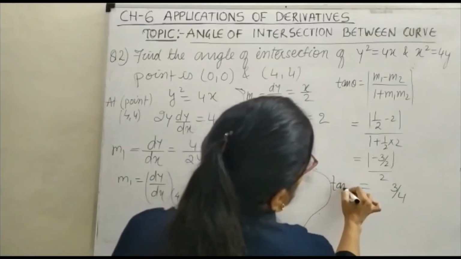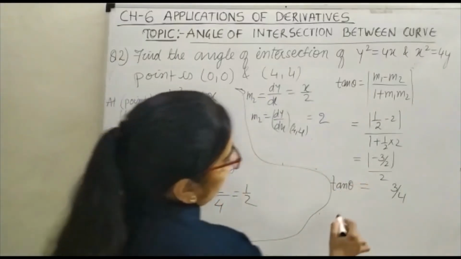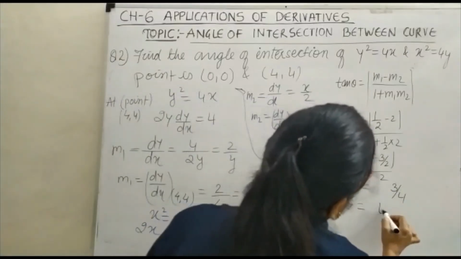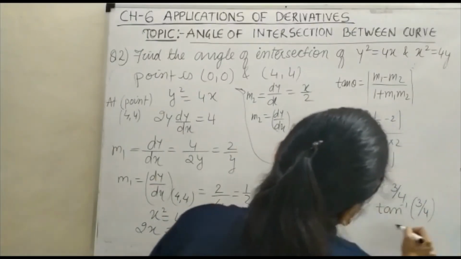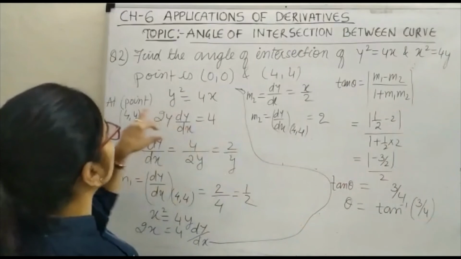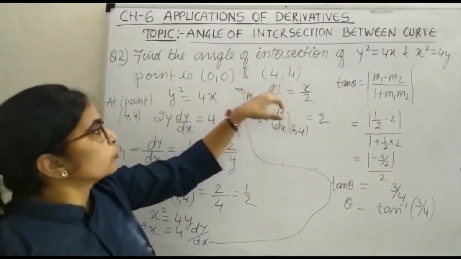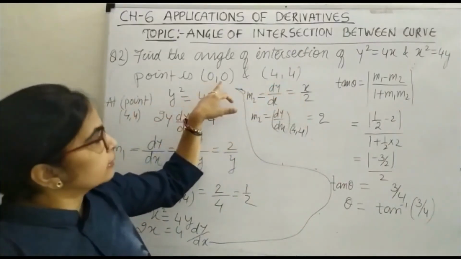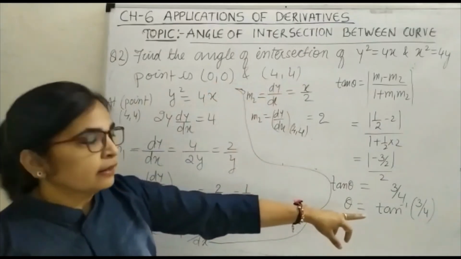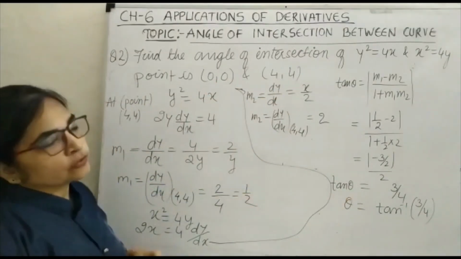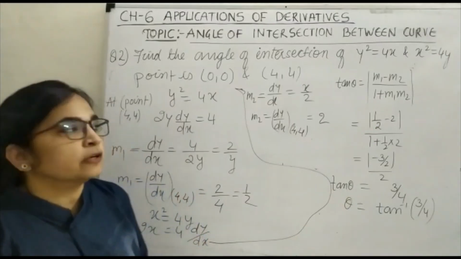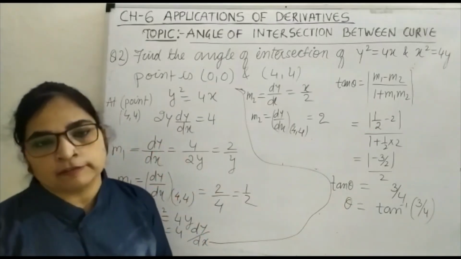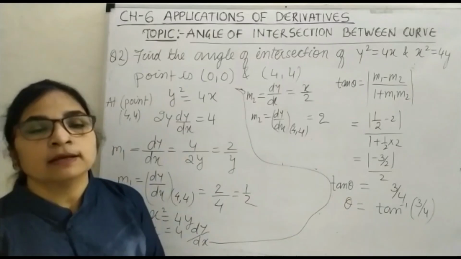So tan theta is 3 upon 4, and theta is tan inverse 3 by 4. So this is the angle between the curves at point 4, 4. At 0, 0 it is 90 degree and at 4, 4 it is tan inverse 3 by 4. This is how we can work out the angle of intersection between two curves. Thank you.